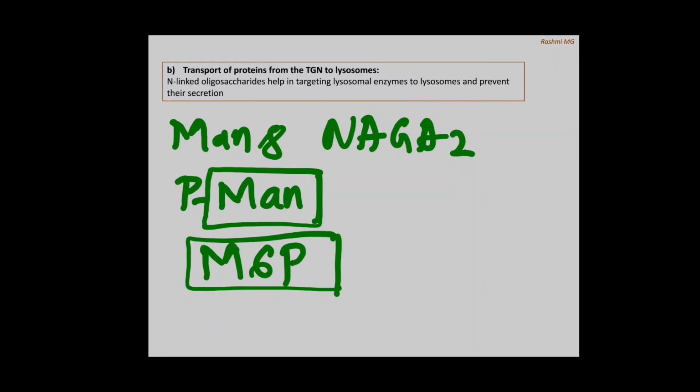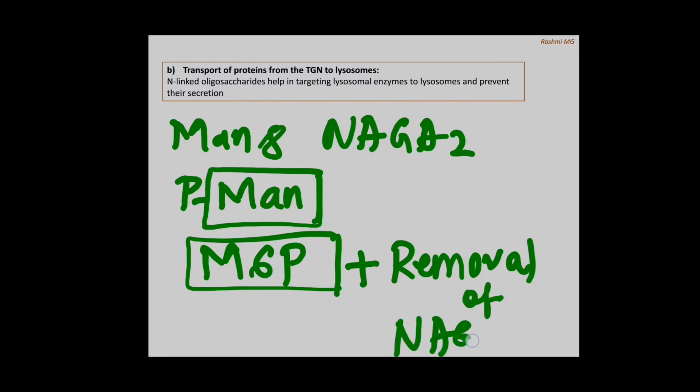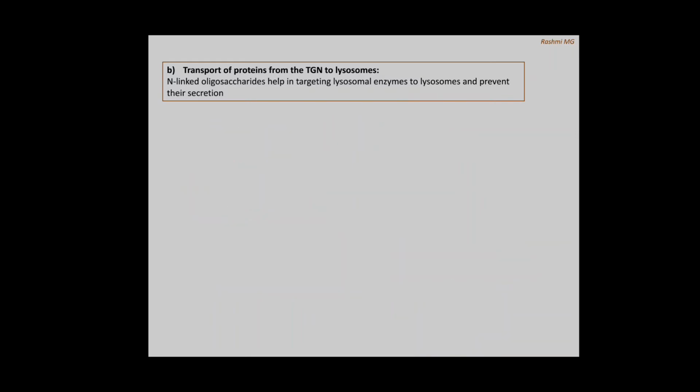Phosphorylation of mannose and removal of N-acetylglucosamine. So first step is phosphorylation of mannose at carbon 6 and removal of N-acetylglucosamine.